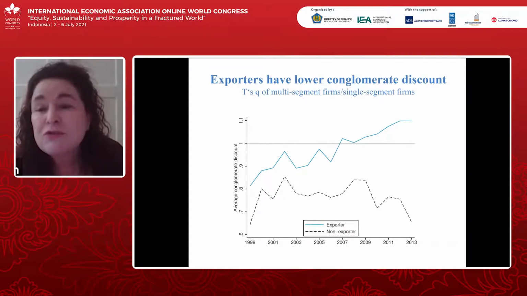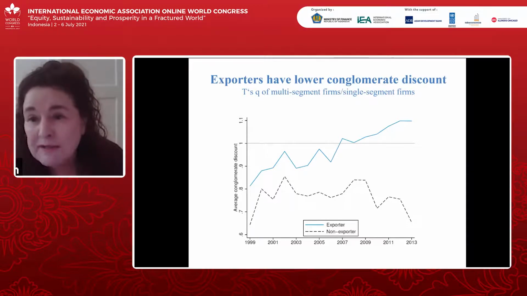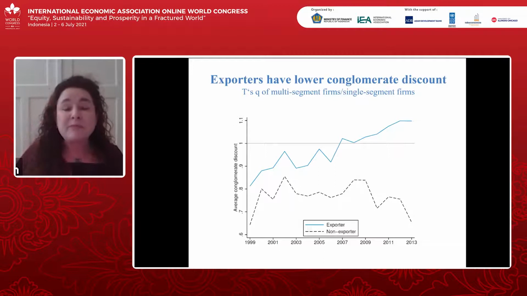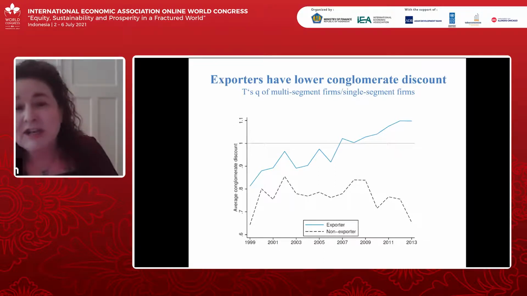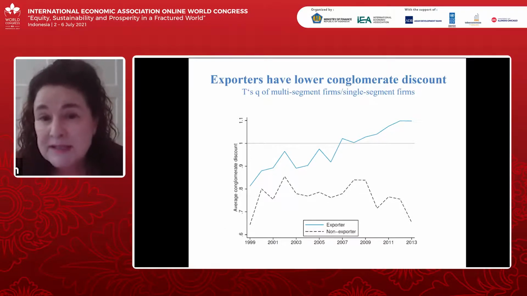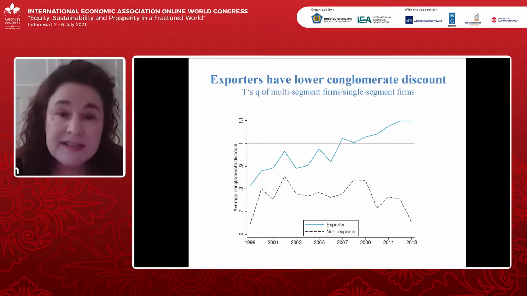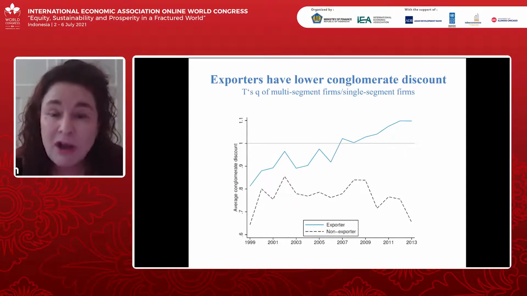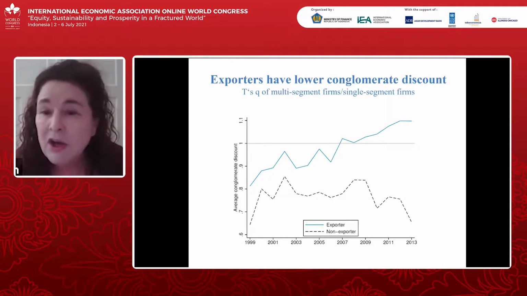If these two types of firms had the same Tobin's Q, we would get a ratio of 1. But as you can see in the figure, the ratio is below 1. So we establish the fact that the finance literature has established: multi-product firms trade at a conglomerate discount. But we also see the striking feature that exporters have a smaller conglomerate discount than non-exporters. The blue line is above the black dotted line.